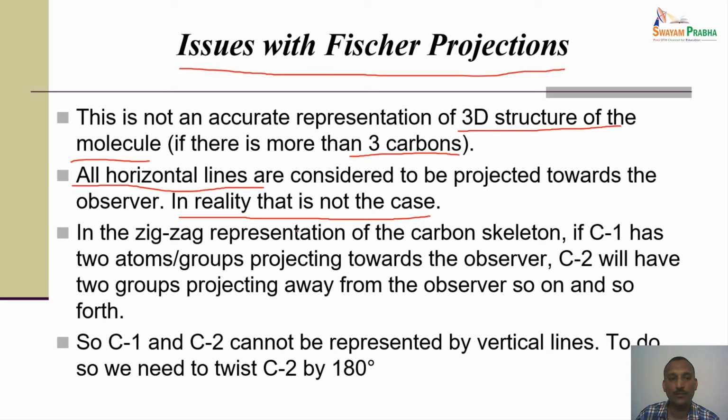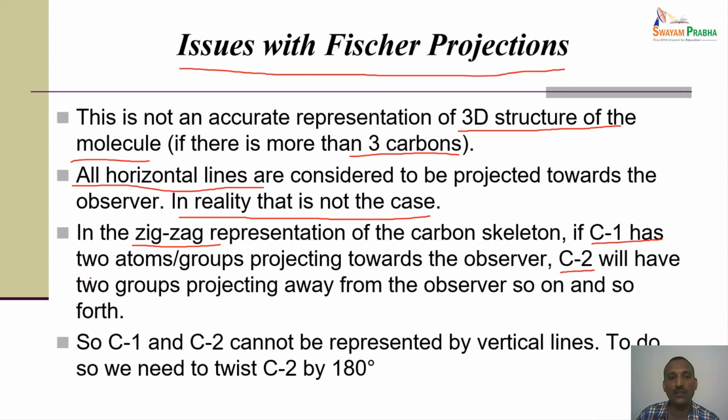When we write the zigzag representation of the carbon skeleton, if C1 has two atoms or groups projecting towards the observer, then carbon 2, which is not necessarily the top or bottom carbon, since any two adjacent carbons can be C1 and C2, will have two groups projecting away from the observer.